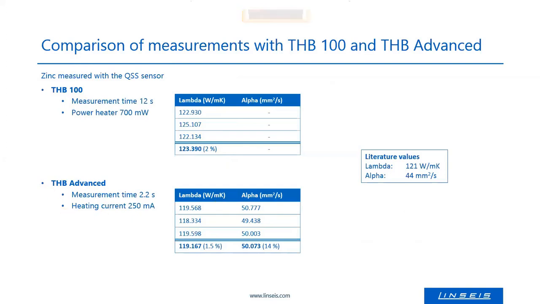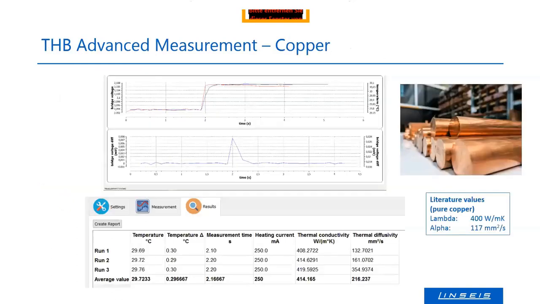For the THB Advanced, it's better, it's 1.5%. And also we can measure alpha, but it's starting already to get higher in uncertainty. But at least we can measure it, which was not possible at all with the THB 100.